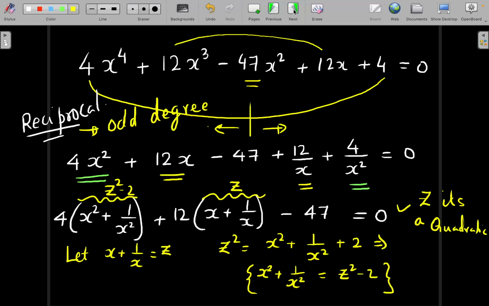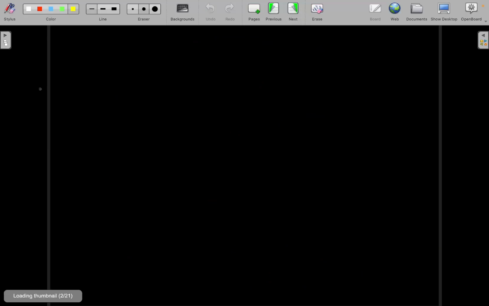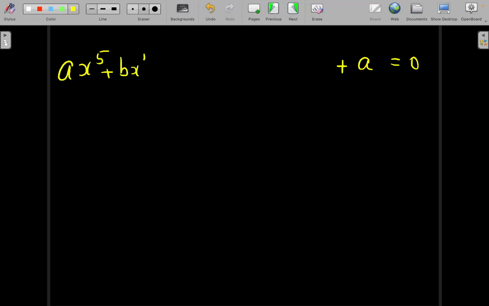So a x raised to 5 will have a constant term a as a mirror image, and then we can have b x raised to 4 which will have a mirror image as bx, then c x cube will also have a mirror image cx square, and this is the fifth order polynomial.